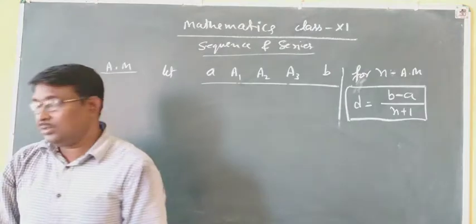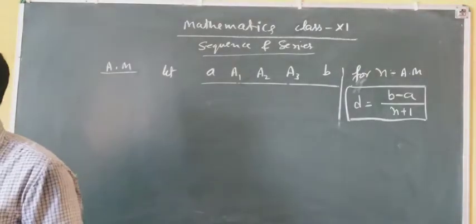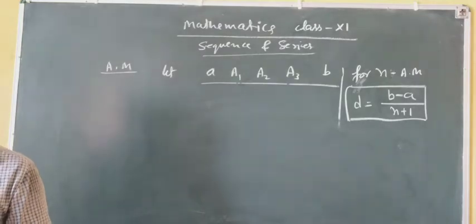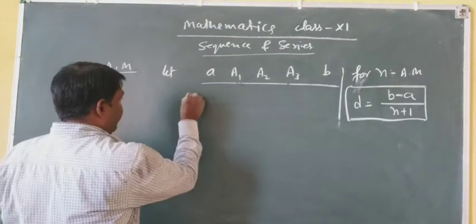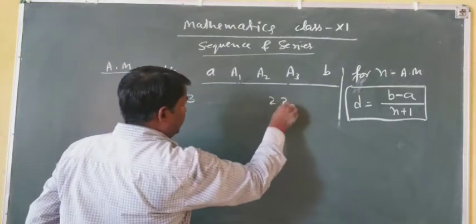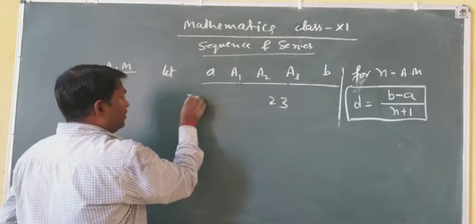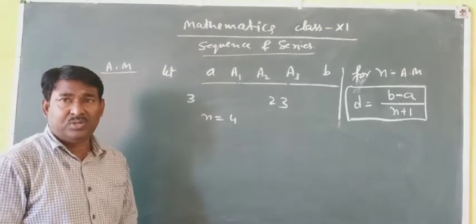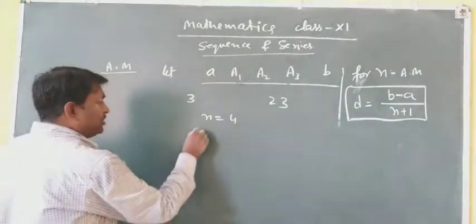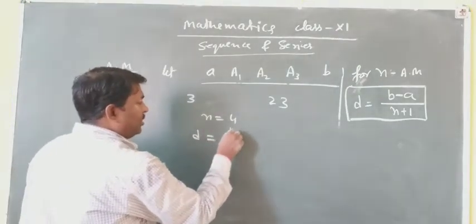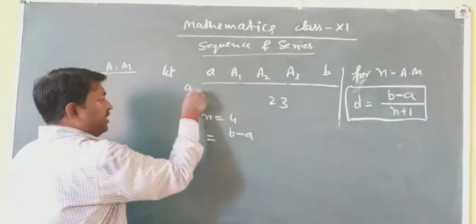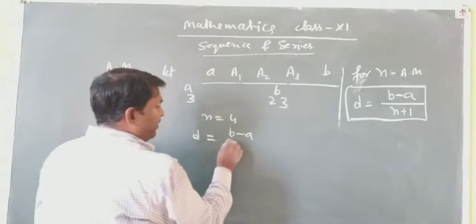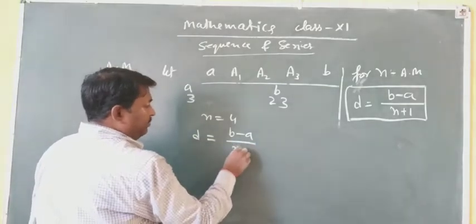There is a question: insert 4 arithmetic means between 3 and 23. How many arithmetic means? 4 arithmetic means you have to insert. Then first of all calculate d, which is equal to (b minus a) upon n plus 1.